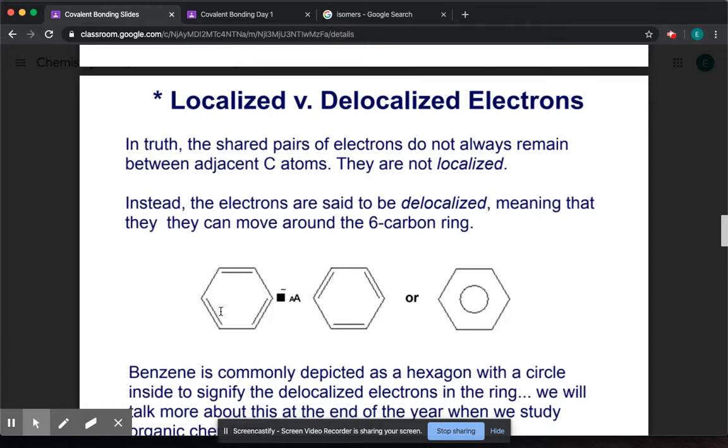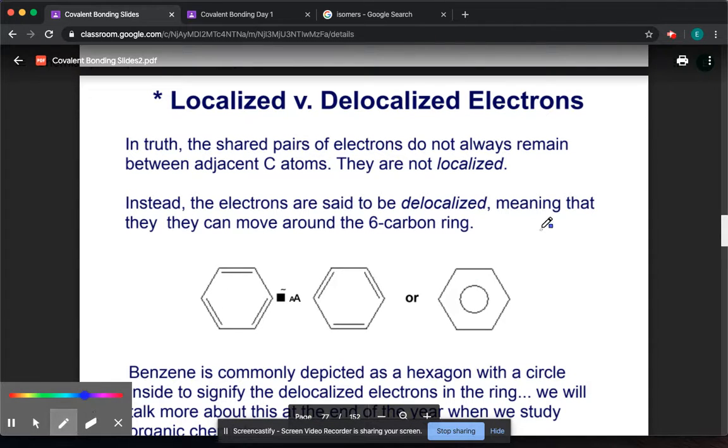It has a resonance structure. It can hop around from piece to piece. So you may also see it drawn like this. If I do the dotted lines that I just did for the ozone, you may see something like this. So you'll just see dash lines. Again, it's pretty hard to draw with the mouse and keyboard, but you may see something like this.